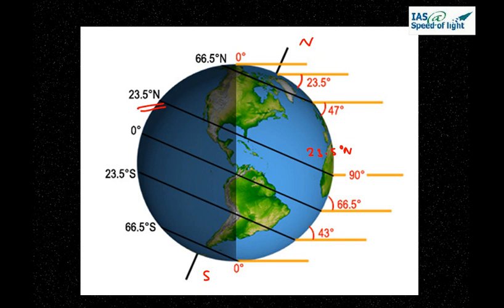And the full extent for the oblique rays is till 66.5 degree north to 66.5 degree south. And beyond that we have complete darkness in the south pole, and complete daylight in the northern pole.